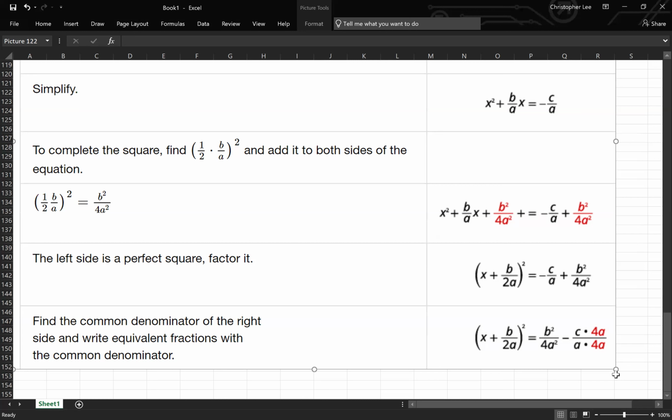And then we want to find the common denominator on the right side and write the equivalent fraction with the common denominator. So we're going to have x plus b over 2a squared is equal to b squared over 4a squared minus c times 4a over a times 4a. All right, let's keep looking.